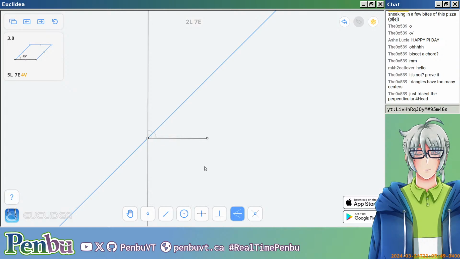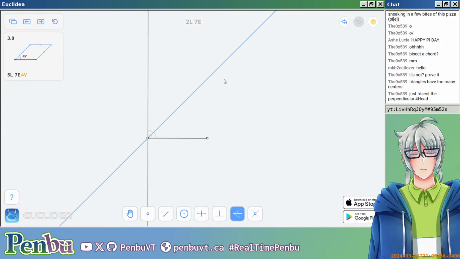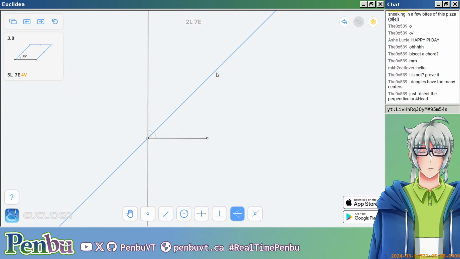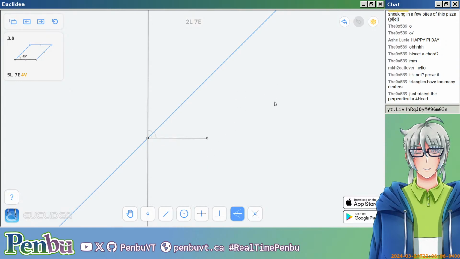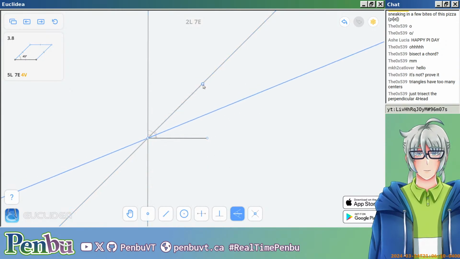That's 2. And now we have 2 sides. Now we get 4, or rather we need 2 more for the 2 sides. Which means we have 1 more tool that we can use to calculate the opposite corner. We can bisect.